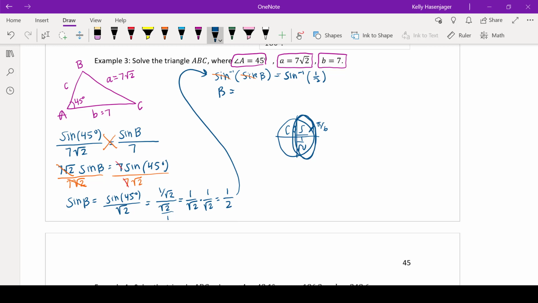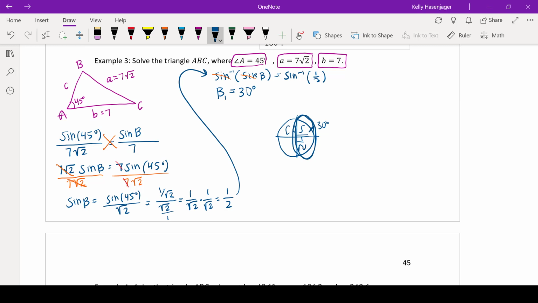So my first option of a b value, so I'll label it b sub 1 as my first option, which since we're given the problem in degrees, we should probably think of it as degrees. So let's use that the y value within this area, being 1/2, occurs at 30 degrees. So let's say b sub 1 is 30 degrees.